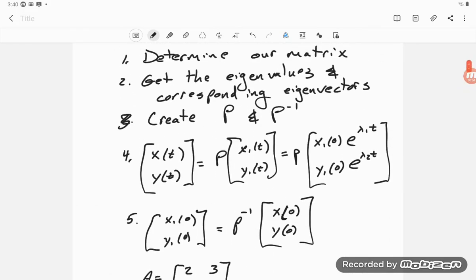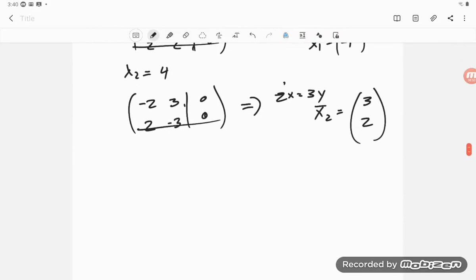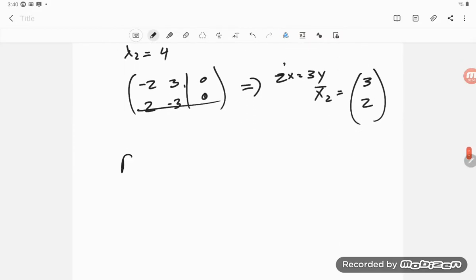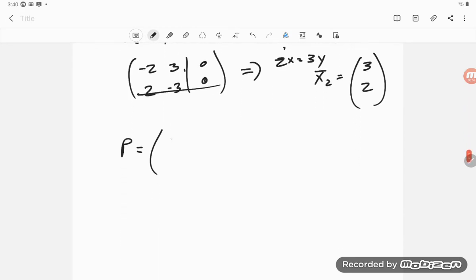So then let's create P and P inverse. So P is, what was that, 1, minus 1, 3, 2. And so P inverse, now, I could use Sage, I can do all kinds of things. I'm going to use the formula of 1 over the determinant. So I've got 2 plus 3, so 1 over 5.